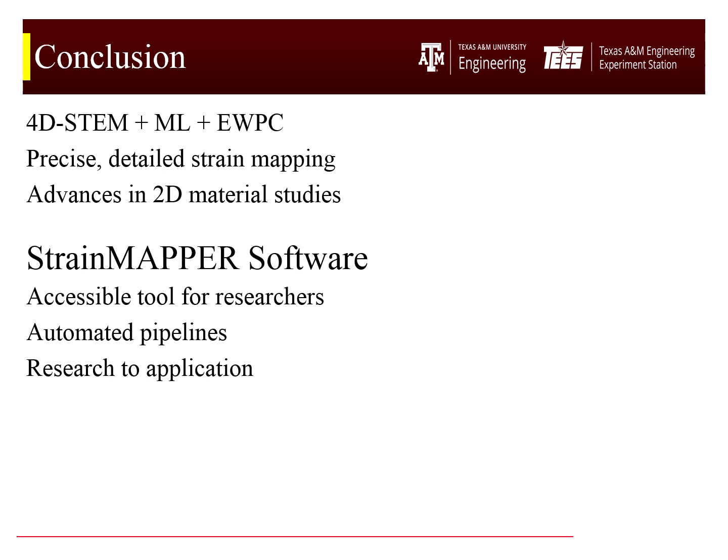And finally, to make this powerful technique accessible to the broader community, this work developed a software tool called Strain Mapper. Strain Mapper includes example datasets, automated peak detection, clustering modules, and customizable strain analysis pipelines. And if you're interested, feel free to check it out.